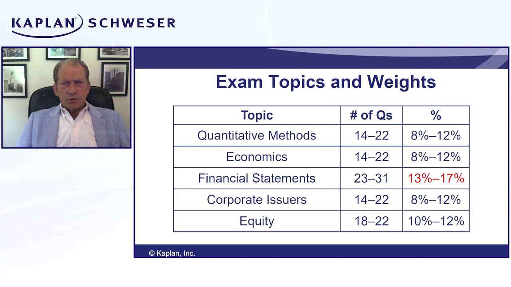So we devote a number of classes to that. And there's over 100 learning outcome statements just in financial statement analysis. Then we've got corporate issuers and equity. So you can see 8 to 12%, 10 to 12% for everything but financial statements of our first 5 topic areas here.